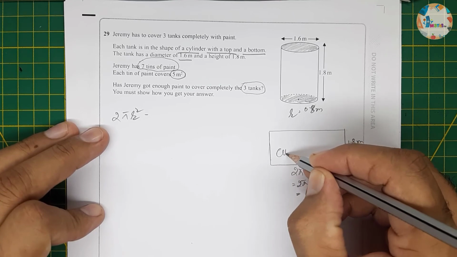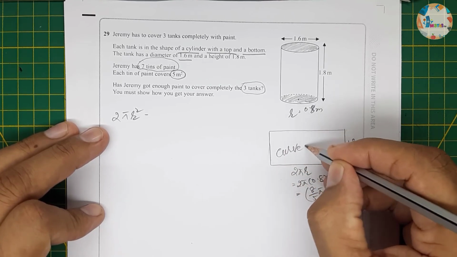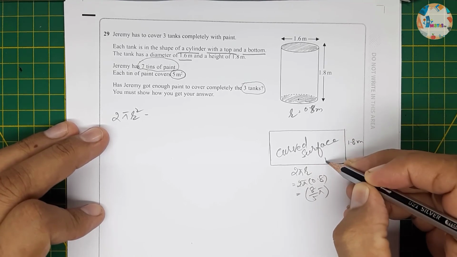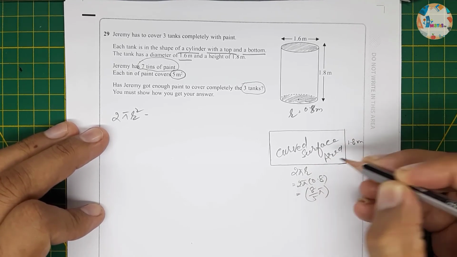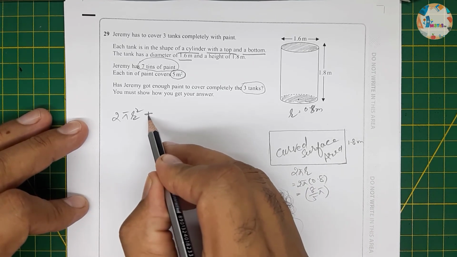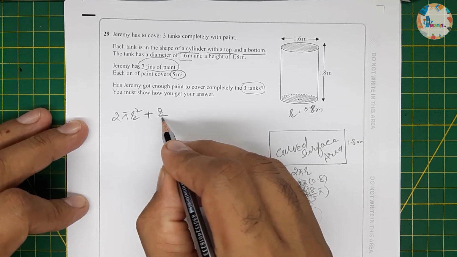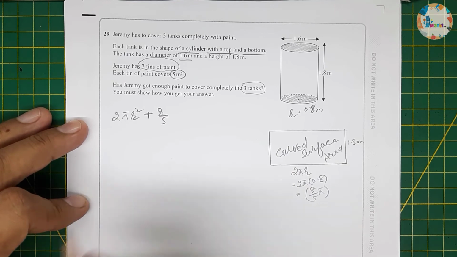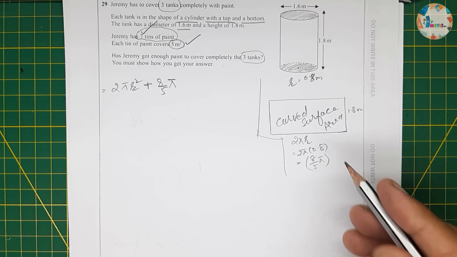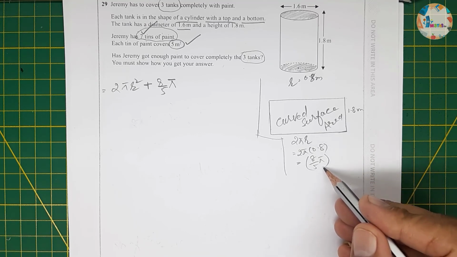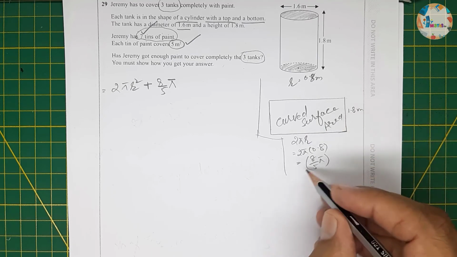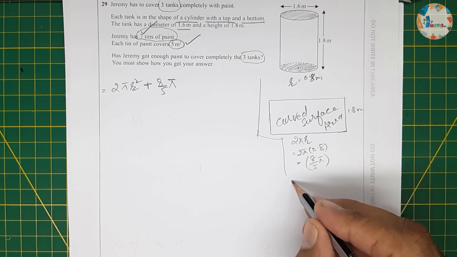So we can write here, curved surface area. This will be the curved surface area, 8 by 5 into pi. After this we can calculate the area of the curved surface, multiplying by this.